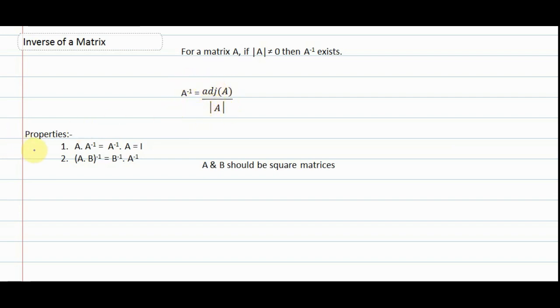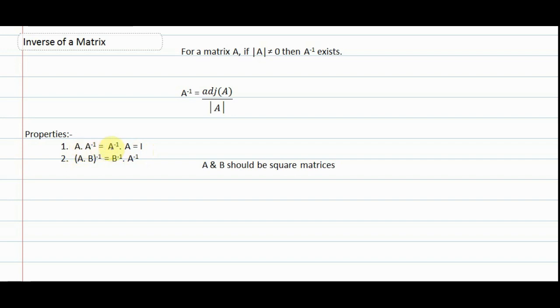Okay, now there are two properties related to inverse of a matrix. The first property says A into A inverse is equal to A inverse into A, and that is equal to I. I is the identity matrix of the same order as that of A. So the product of a matrix and its inverse will be equal to identity matrix of the same order.